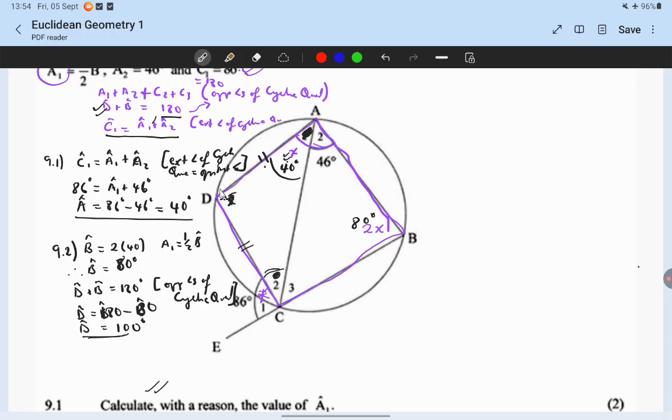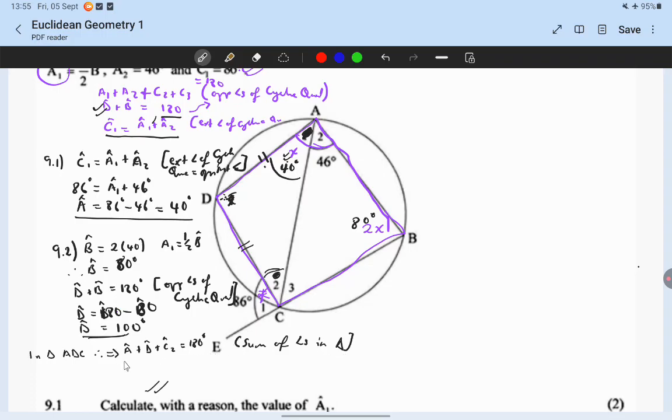But there's something else that we know in triangle ADC. In triangle ADC, what do we know? We know that our A plus our D plus our C2 is equivalent to 180 degrees, the sum of angles in a triangle.